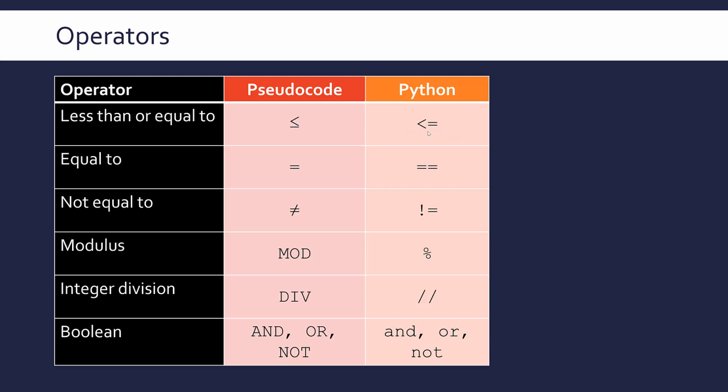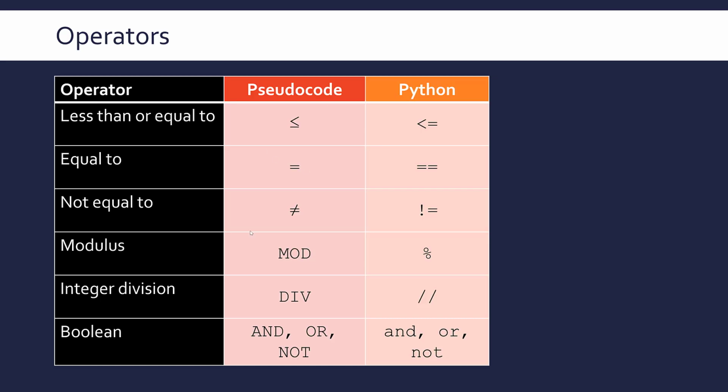So we do the less than sign followed by an equal sign, and flipped around for greater than or equal to. Now, because one equal sign was used for assignment in Python, it uses 2 for a comparison. The comparison in AQA's version will be 1 equal sign. So that's a key difference. If you used 1 equal sign in Python code for a comparison, that would potentially lose you a mark.